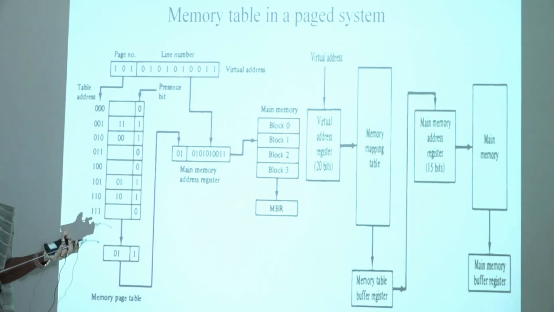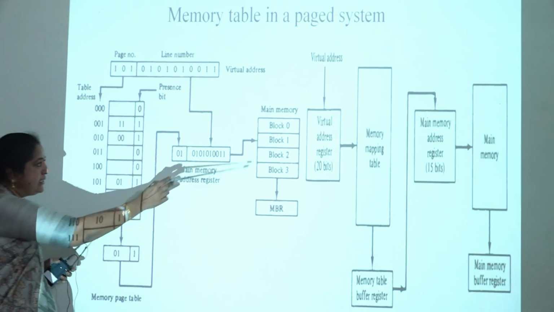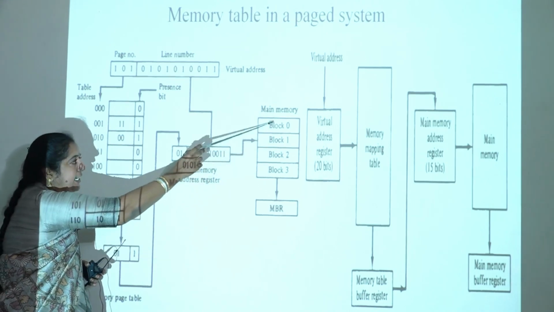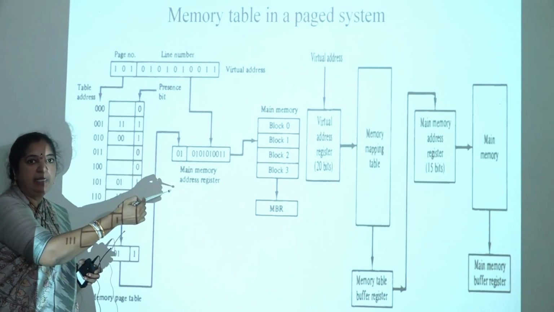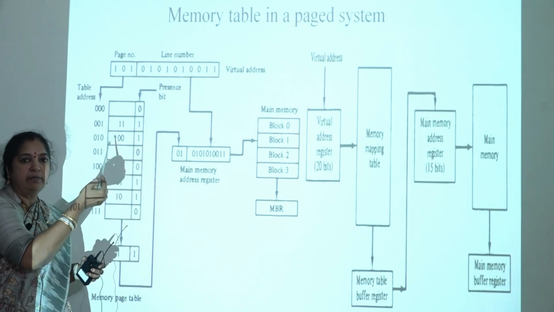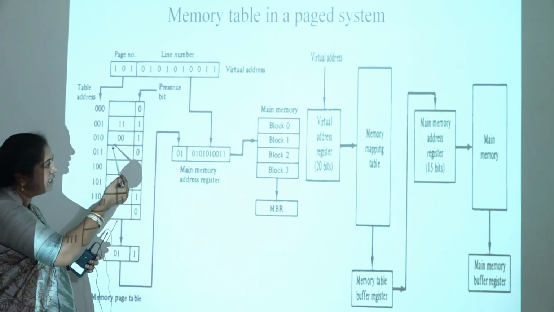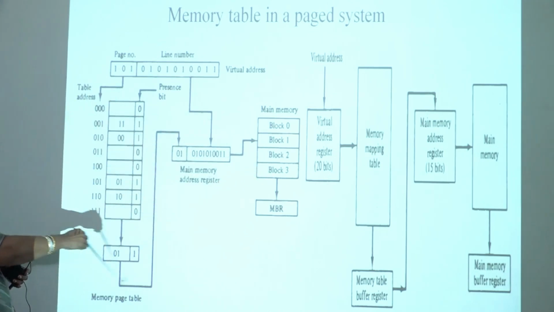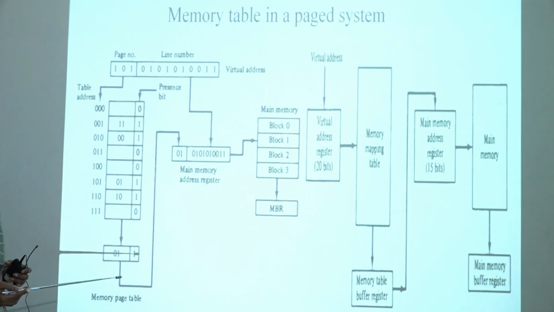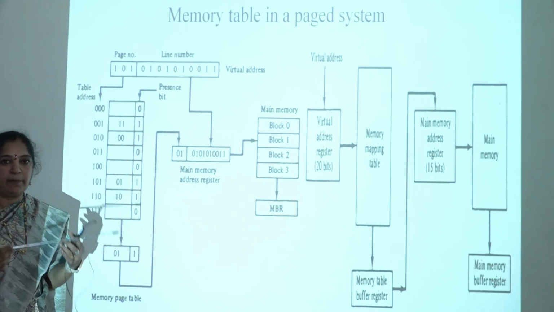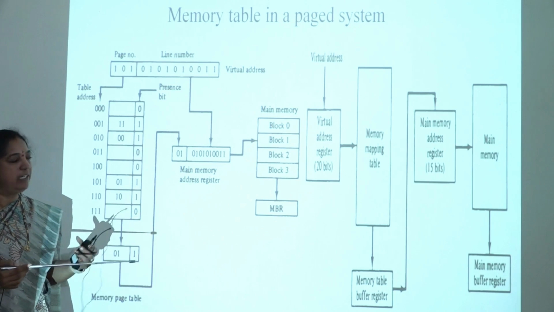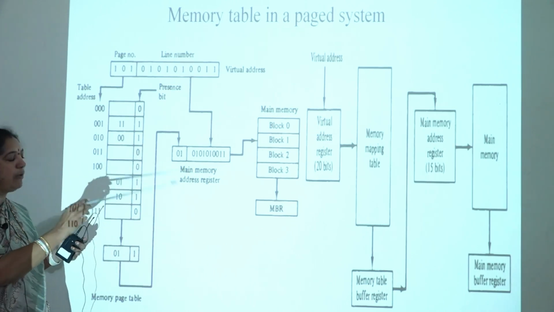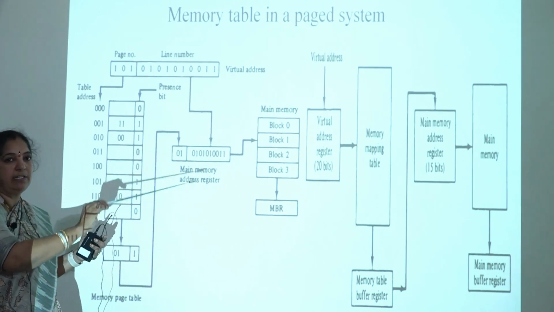Using one of these algorithms, we decide which page already existing in the main memory is to be removed and sent back to the secondary storage, and the requested page from the secondary storage will be brought here, and the complete process is done again. So it is the extra burden taken by the operating system when a particular page is not found within the main memory.